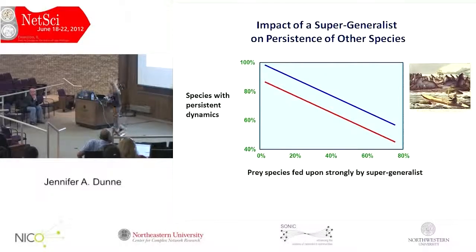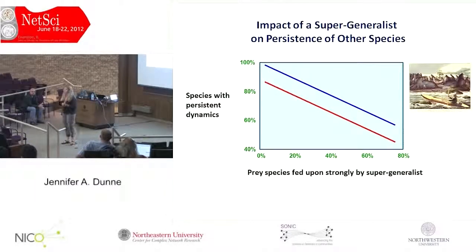And we can take this type of topological information, even this fairly simplistic type of analysis, and use some of that to parameterize a nonlinear dynamical model based on bioenergetics. And we can use that to do simulation experiments where we ask questions like, under what conditions can you invade a system with a species like a human that's a super generalist, super omnivore?